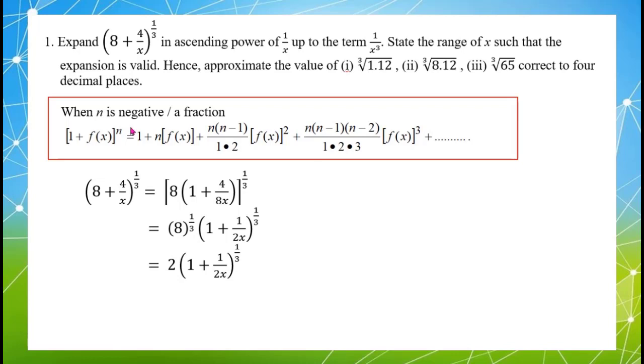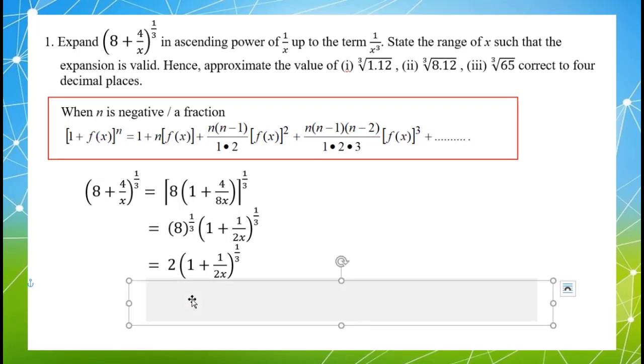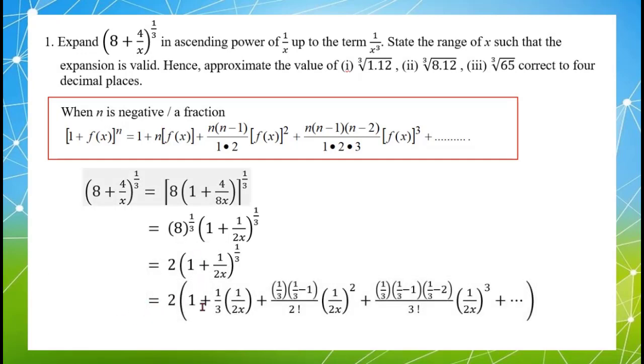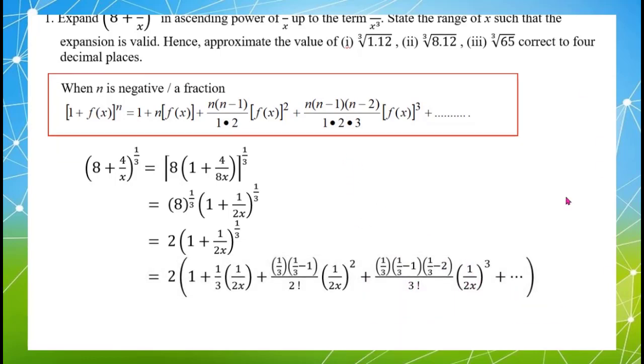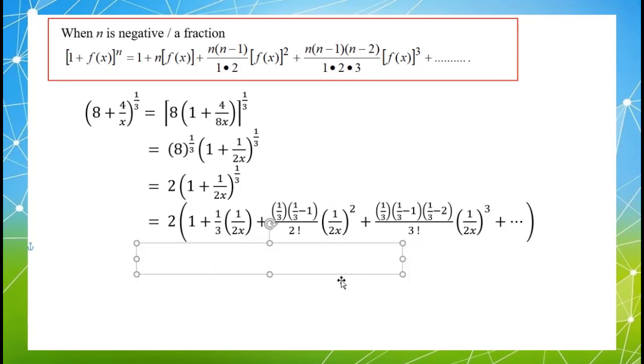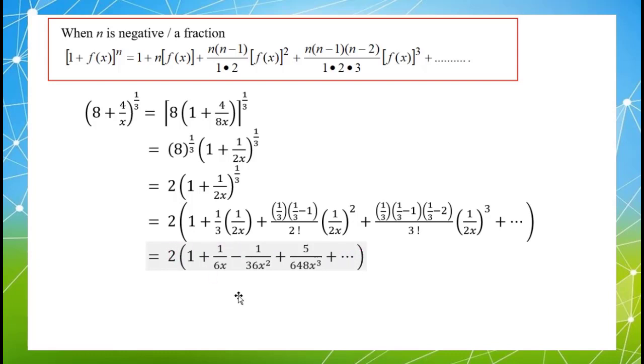So according to the formula, the first number is 1, plus n, which is 1/3, times f(x). f(x) is 1/(2x), then plus n(n-1)/2! f(x)^2, then plus n(n-1)(n-2)/3! f(x)^3. After we simplify, we get the expansion here. Then finally, we expand the 2 and the final expansion is this one.